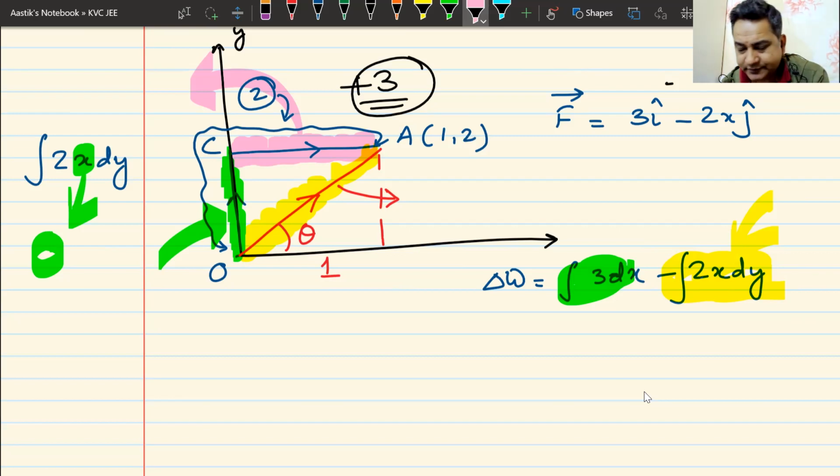Are you sure? In the pink path, does the value of y change? No, sir, the value of y does not change. So in the pink path, the integral is also 0.